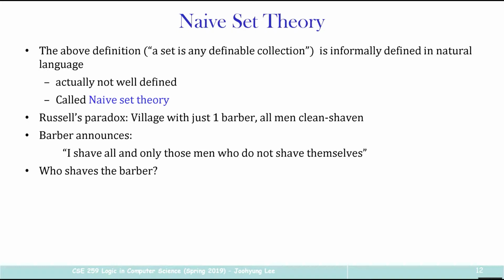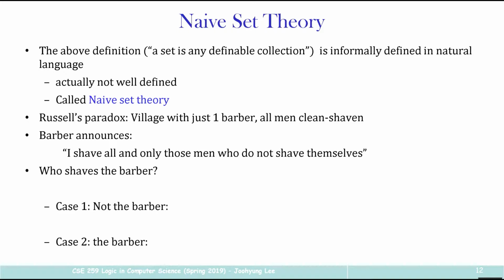So the barber is a man. How many cases are there? Actually, there are two cases. Who shaves the barber? It could be the barber himself, or it could be somebody else. This is the law of excluded middle, either barber or not the barber.